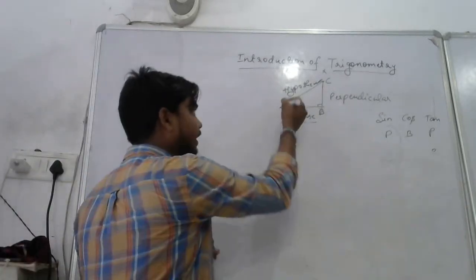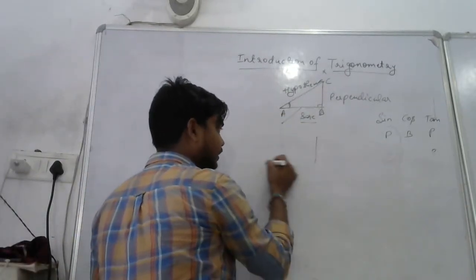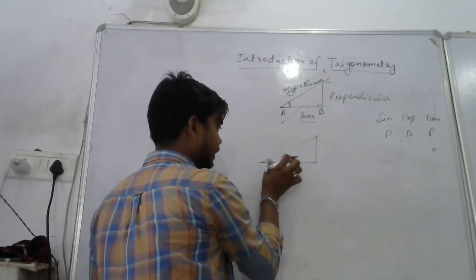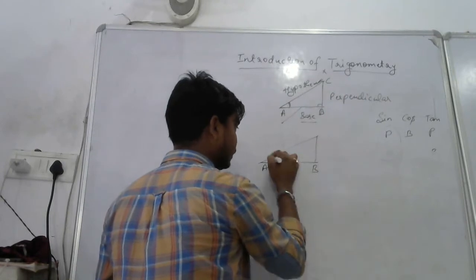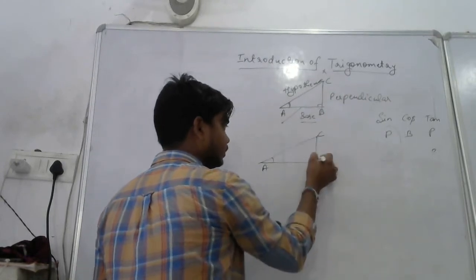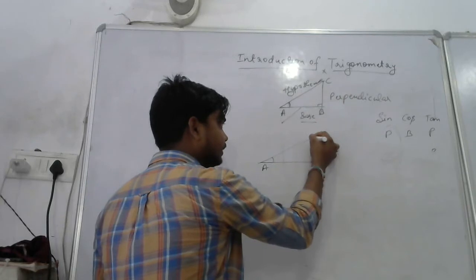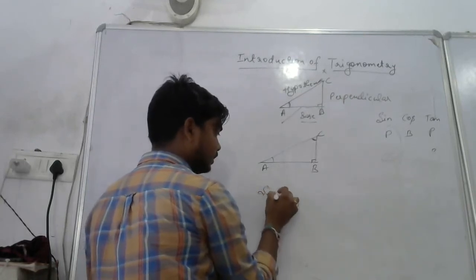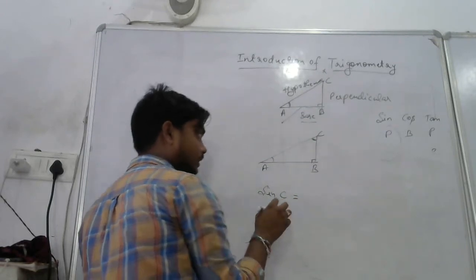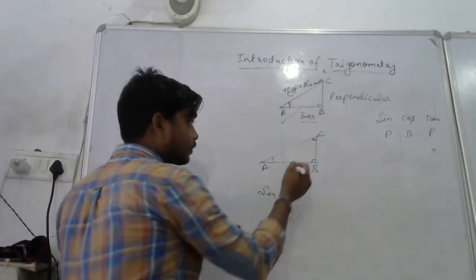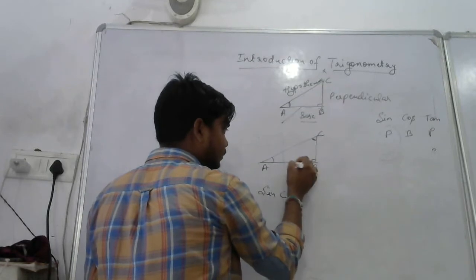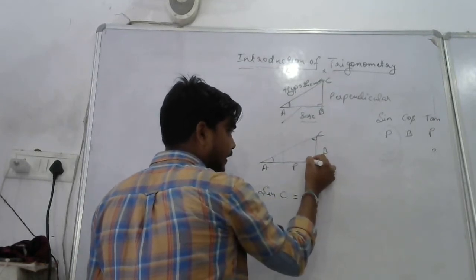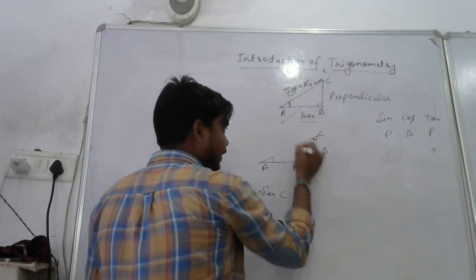Suppose I write a right angle triangle with vertices A, B and C, right angle at B. For this angle, if I find sine A and sine C, then we have to calculate this is the perpendicular, this is the base, and opposite of the perpendicular is the hypotenuse.